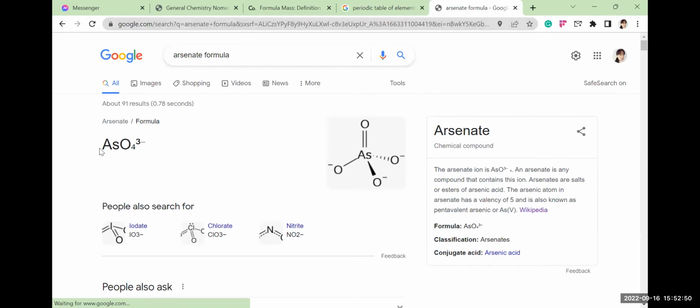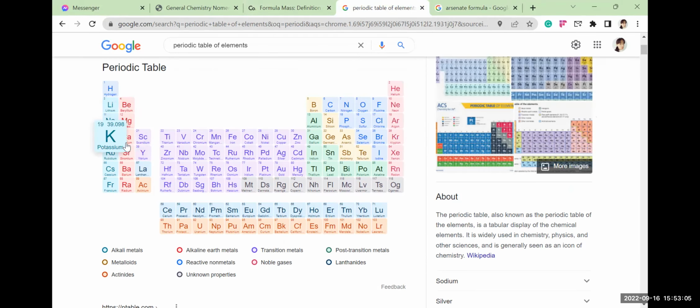This one, right. So arsenate, can you see my screen? Yes. Okay, so it says arsenate has this ion. So if arsenate is AsO4 3 minus and you have calcium, group 2, how do you write calcium arsenate?